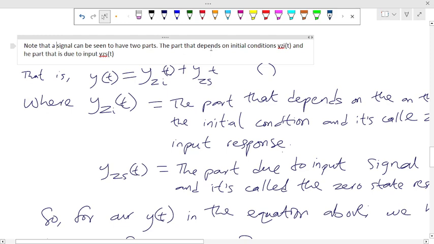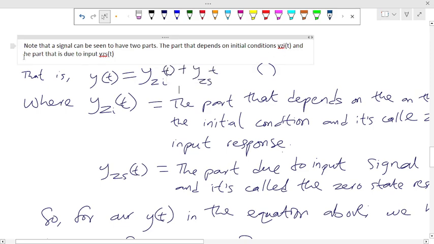The part that depends on initial condition. That means, what do we have before receiving an input? What's going on before we receive the input? That's the initial condition.